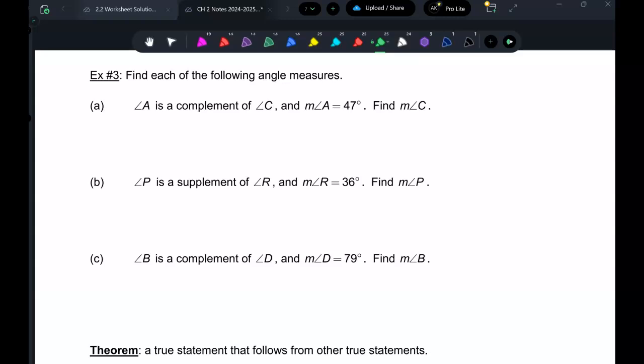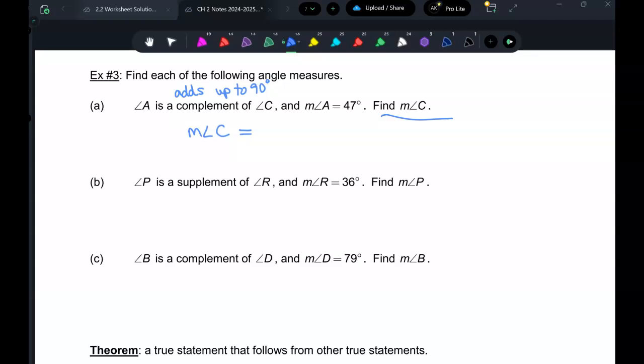Okay, we have angle A is the complement of angle C. Measure of angle C. Does complement mean that it adds up to 90? Okay. You just do 90 minus 47.